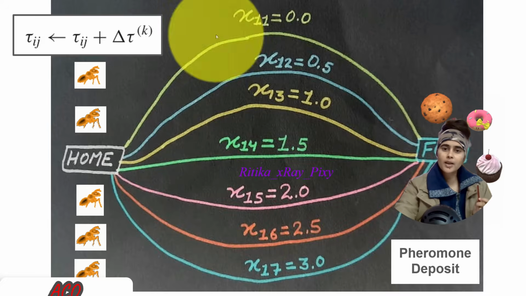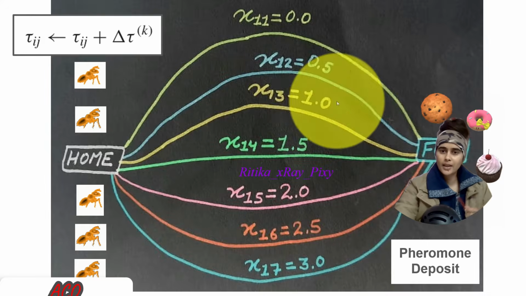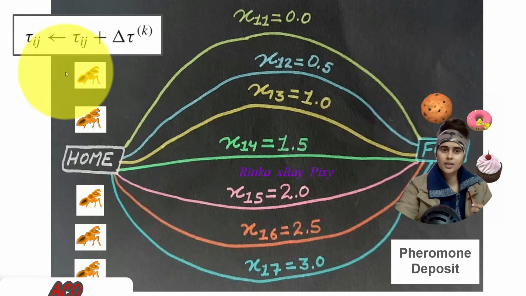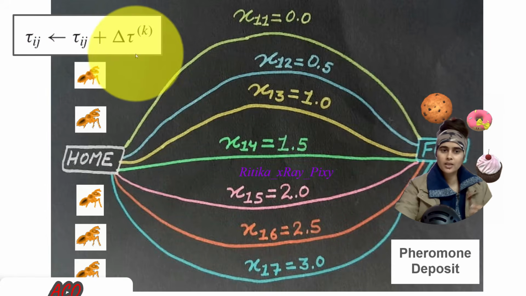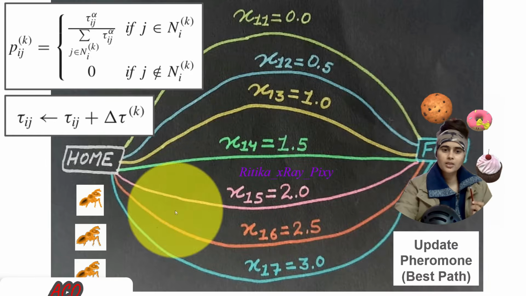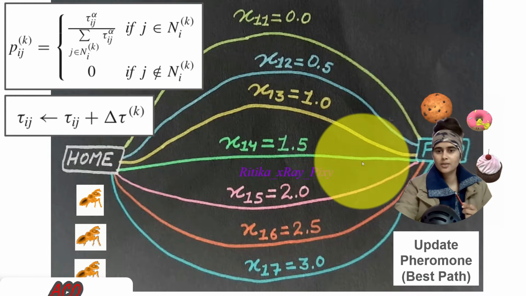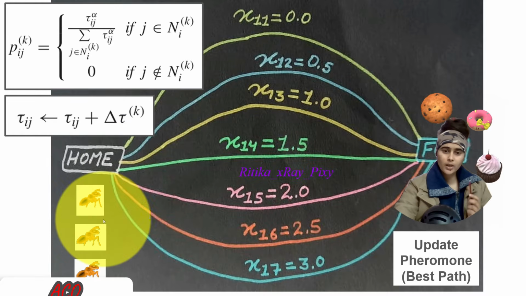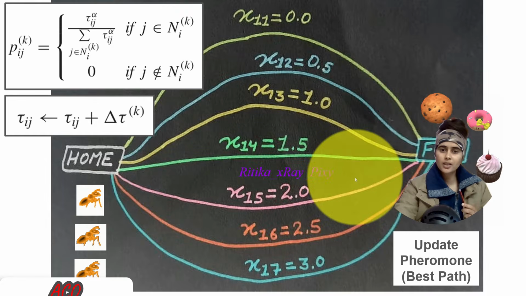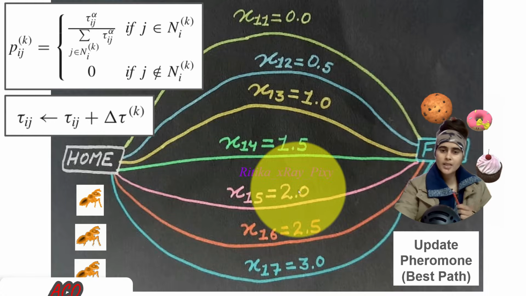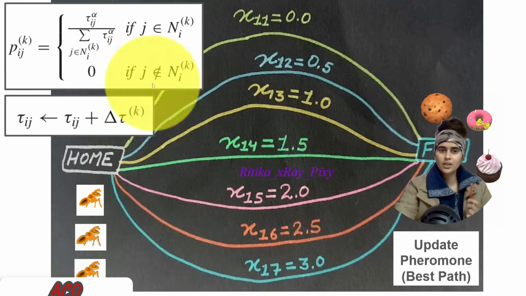Once the path is completed by an ant, they deposit pheromones on the path, which we will calculate using this. After that, we will update the pheromones on the best path, that is the global best path. So when all ants complete the path, we will update the pheromones on the global best path using these equations.